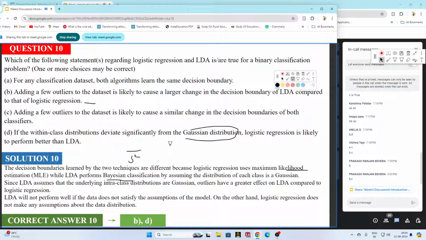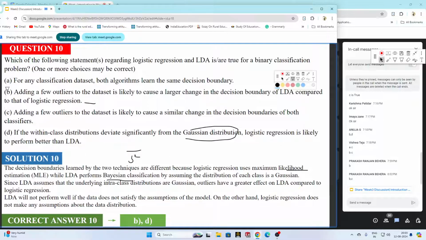Again, whenever we are talking about variance of the data, always remember that logistic regression will perform better than Gaussian-based LDA, because it also takes the pi k terms, but logistic regression does not consider those terms.